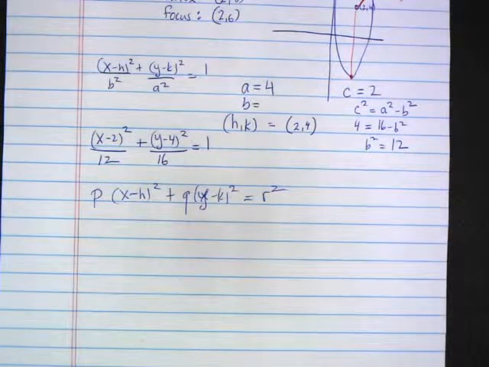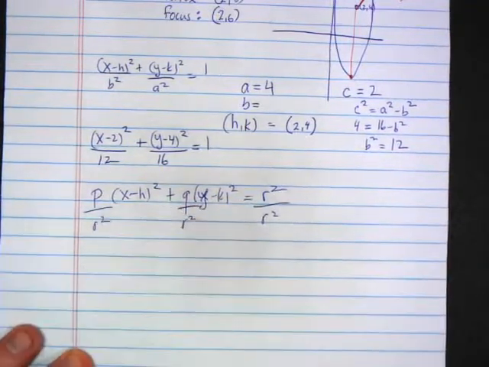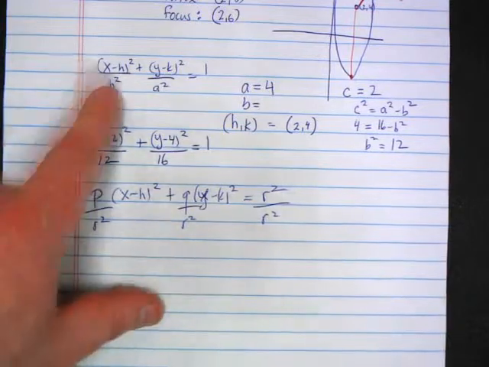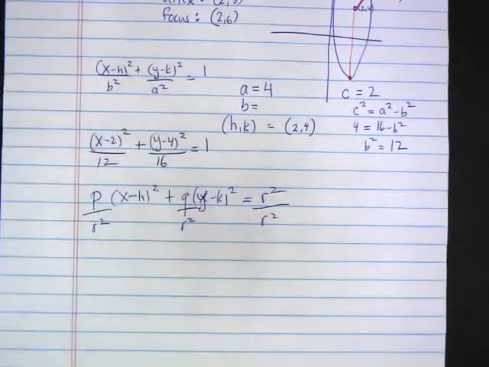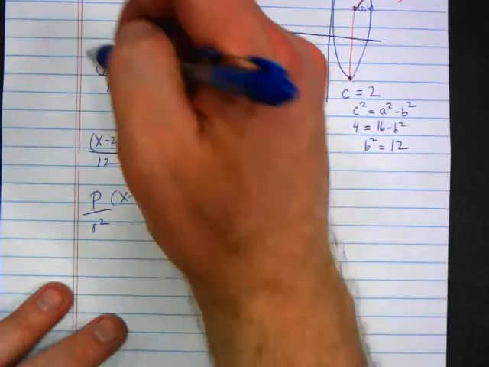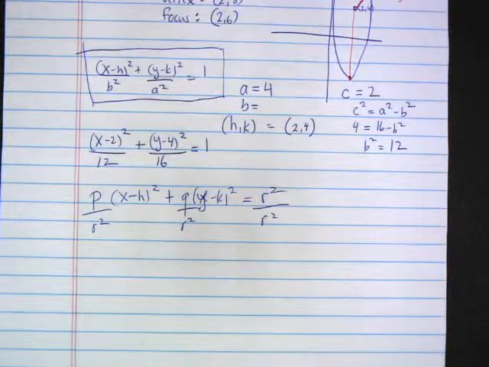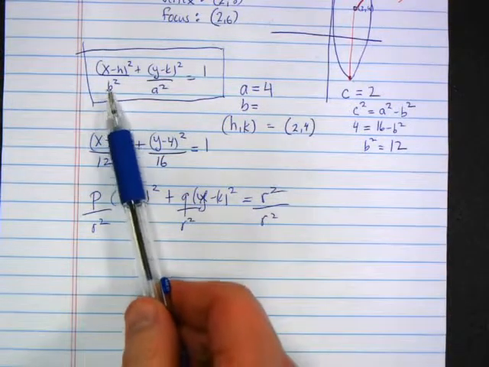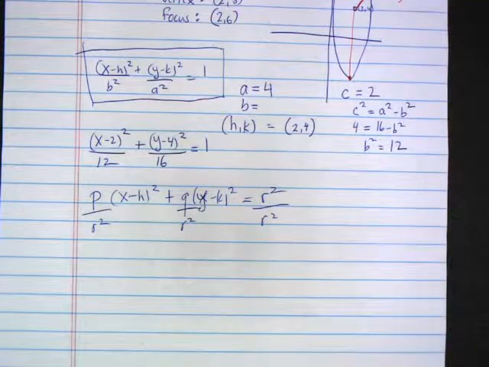And so the way these are always traditionally written is you divide by the r squared, and then p over r squared, you call that one b squared. And q over r squared, you call that one a squared. This is just the traditional way that it's written. And it's written this way because the b and the a turn out to be those important numbers. Other questions?